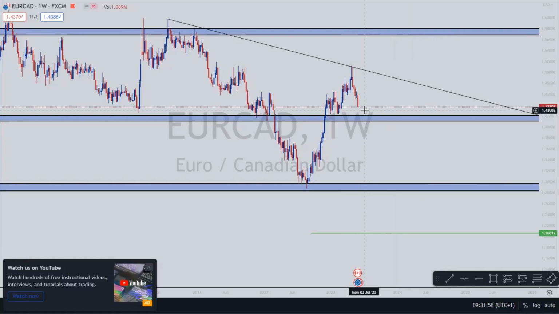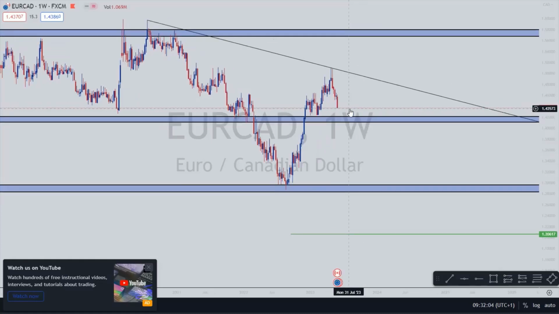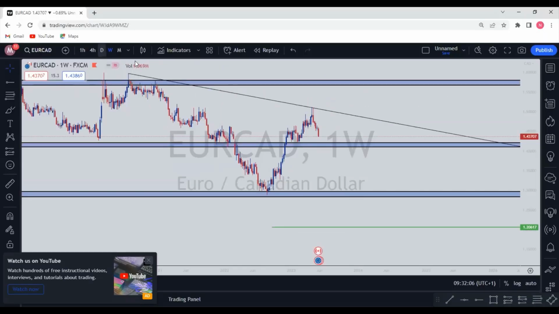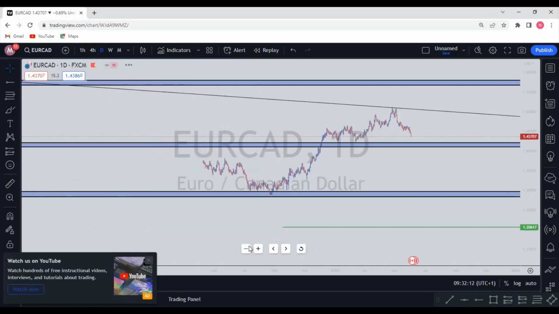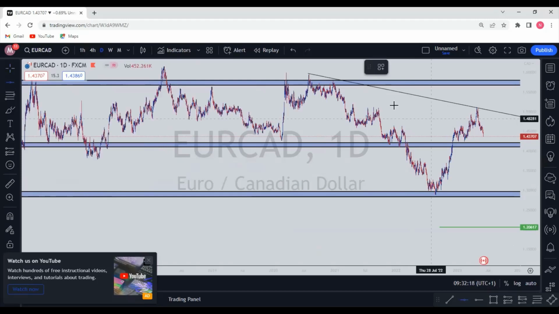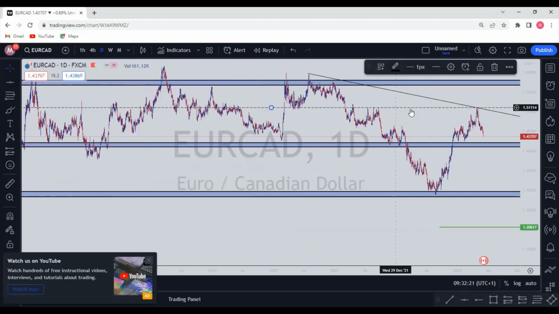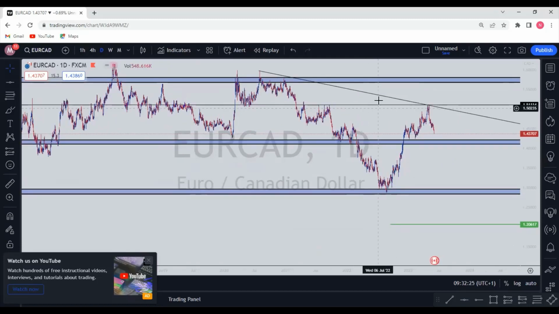But for now, for the medium term, I'll just come to my daily time frame. A daily time frame, and what I saw, because we have to bear in mind that this market came here and did this. This is even where I started investigating this market, when it came here and rejected at this point.